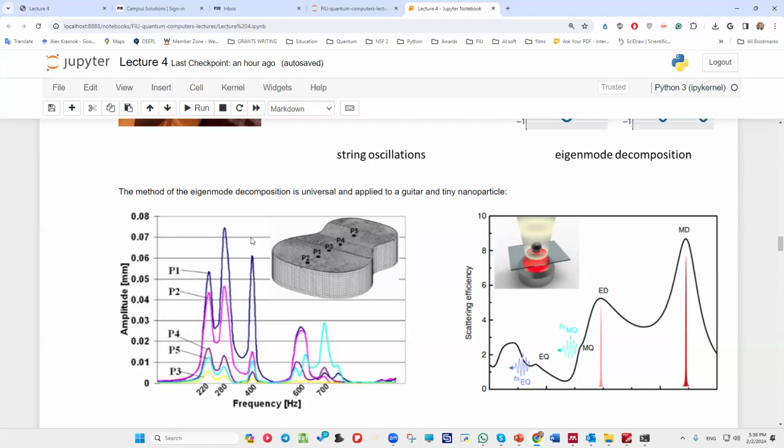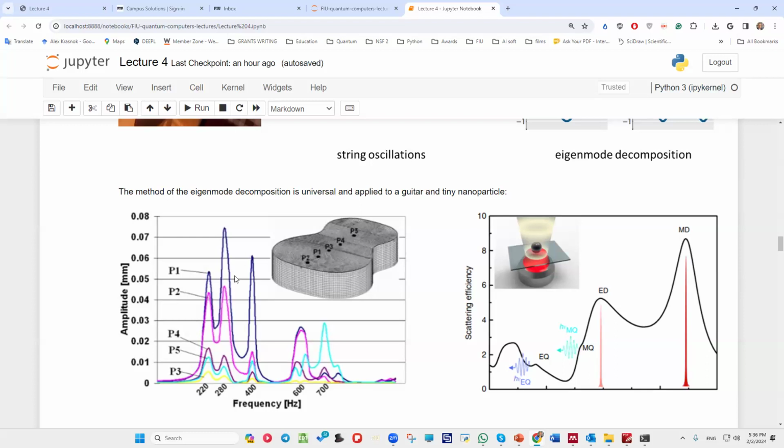And then they did the Fourier transform of the signal to the frequency domain. So this is the frequency domain. And here we see these peaks, right? We call them resonances. And each resonance corresponds to an eigenmode of this system.